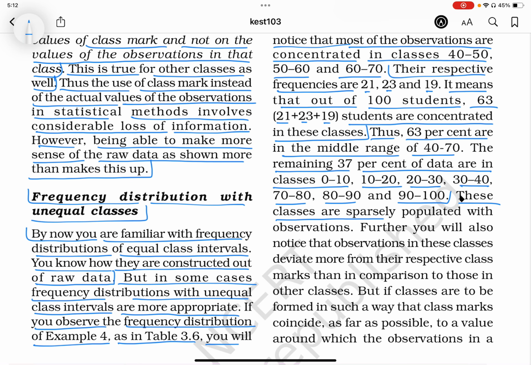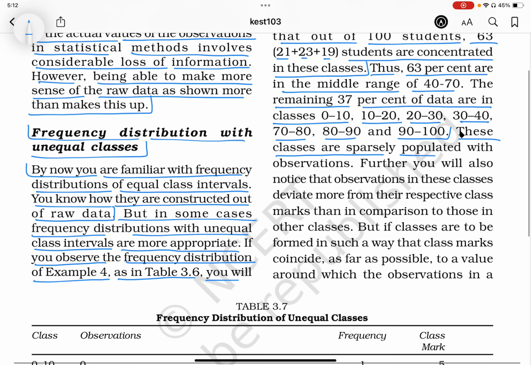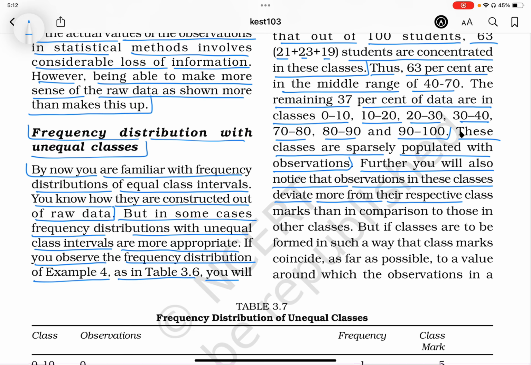These classes are sparsely populated with observations. Further, you will also notice that observations in these classes deviate more from their respective class marks in comparison to those in other classes.